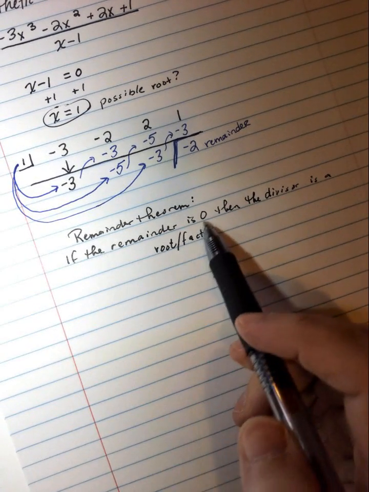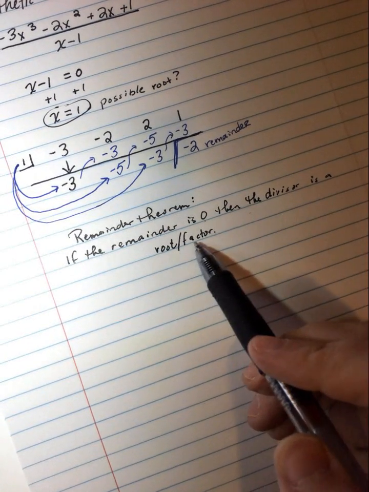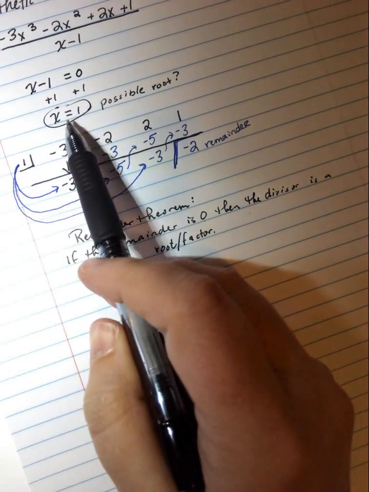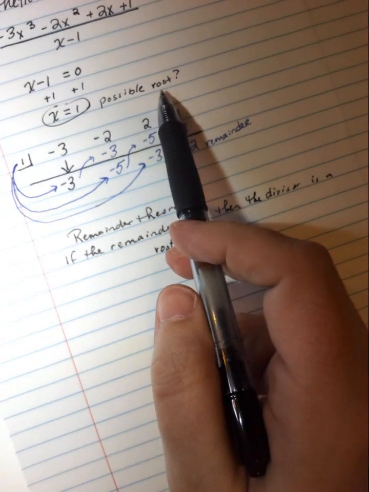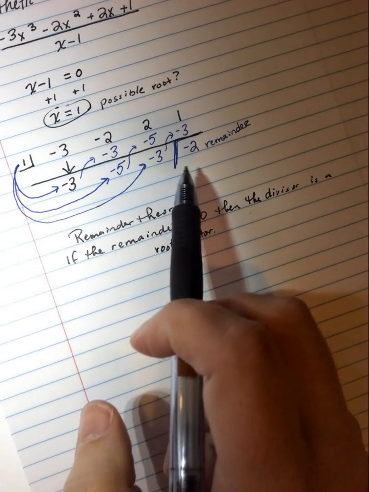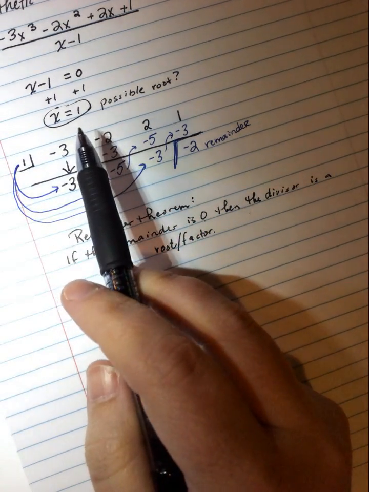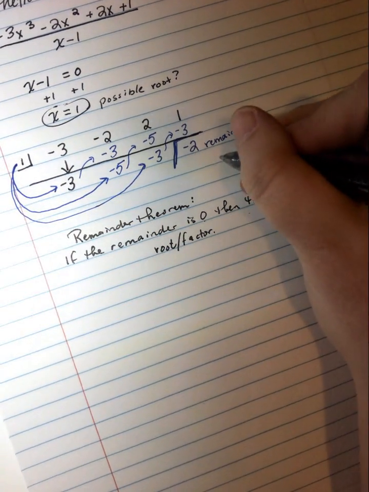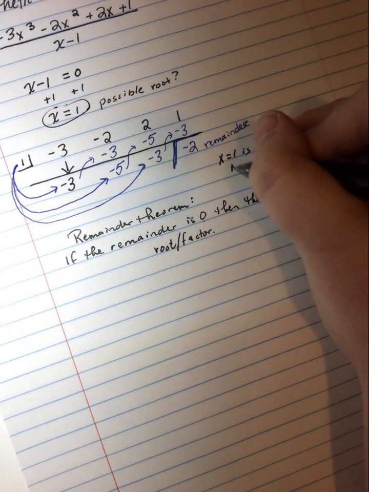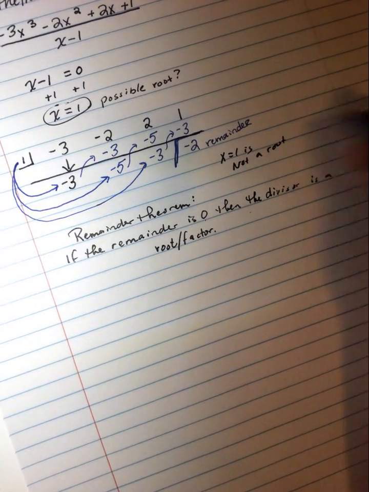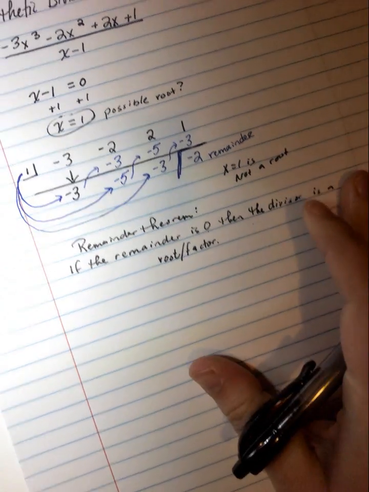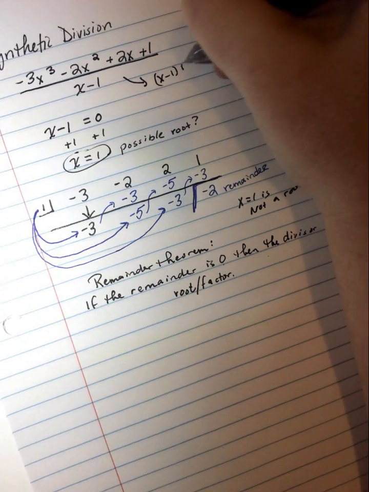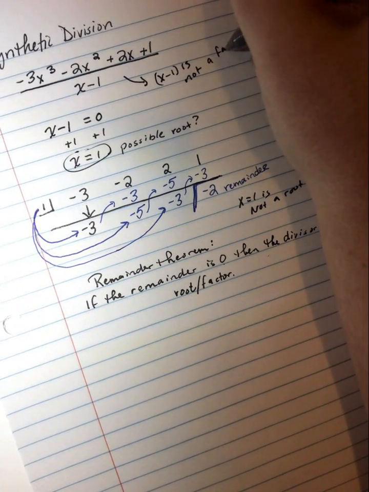So in this case, if the remainder is a 0, then the divisor is a root or a factor. Was my remainder 0? No. So what does that tell me about x is 1? It was a possible root. So if for x is 1 we did not get a remainder of 0, is x is 1 a root? The answer is no. So in this case, x equals 1 is not a root. Since x is 1 is not a root, then that also tells me that x minus 1 is not a factor.